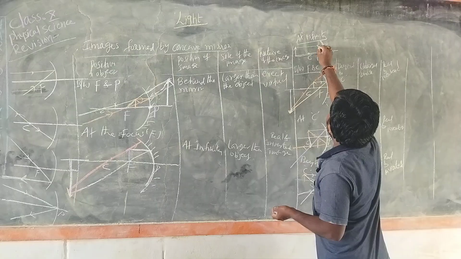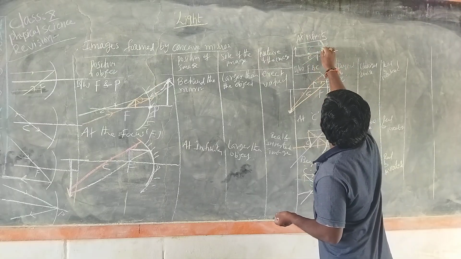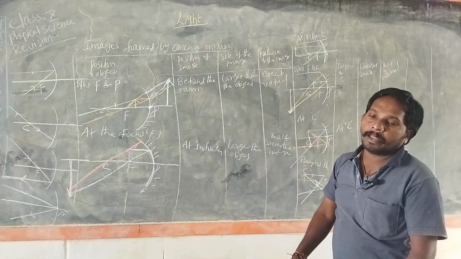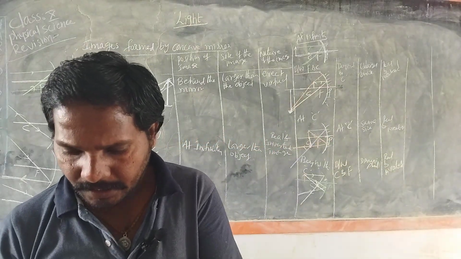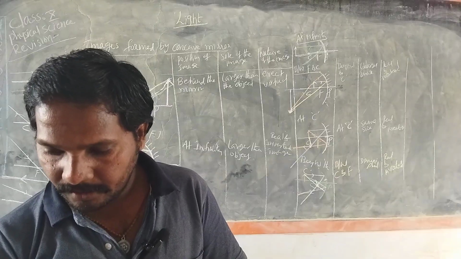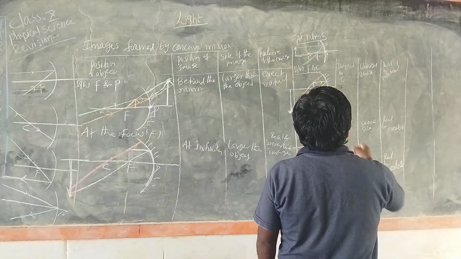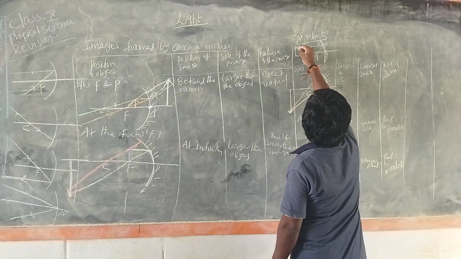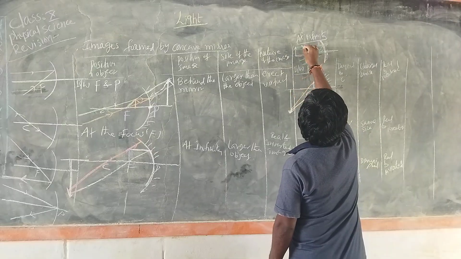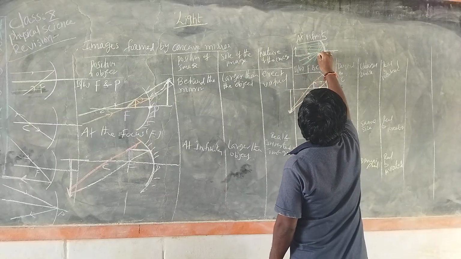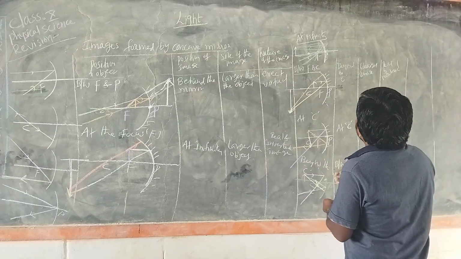So, parallel to the principal axis, pass through focus. If the object is placed at infinity, all the light rays pass through focus.